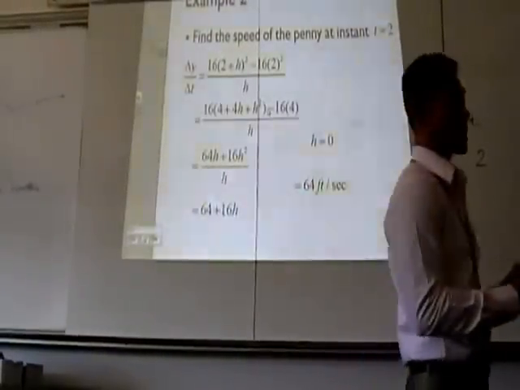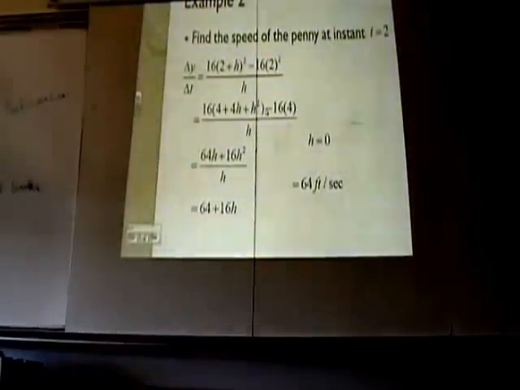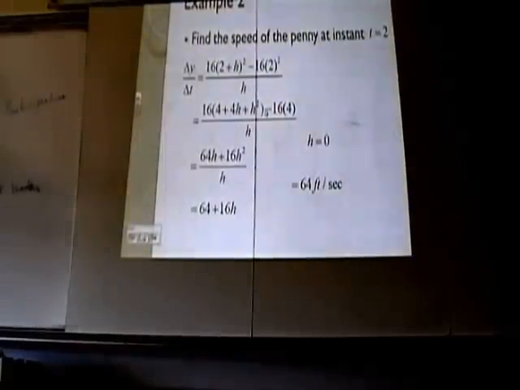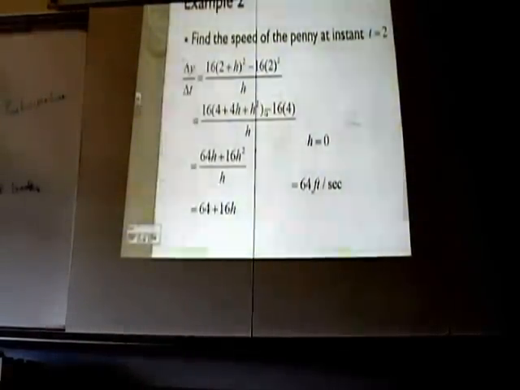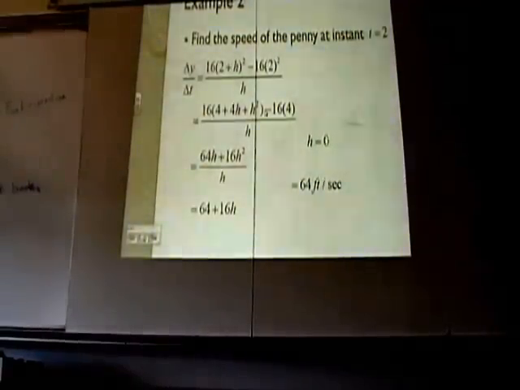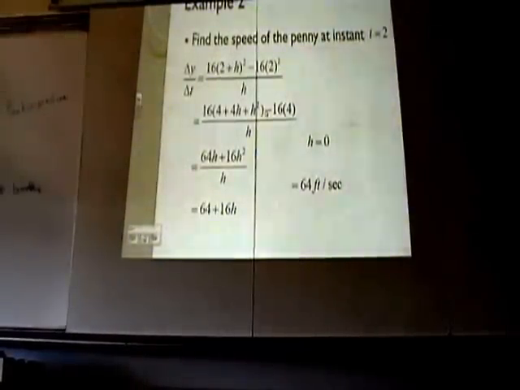Alright, so here's your rock, right? You drop it, it ends up here. What's the speed here at 0? 0. We just found the speed of 64 here at 2 seconds, right? So the average speed, which is what we were looking for in example 1, has to be the average of these two, right? And that's 32.